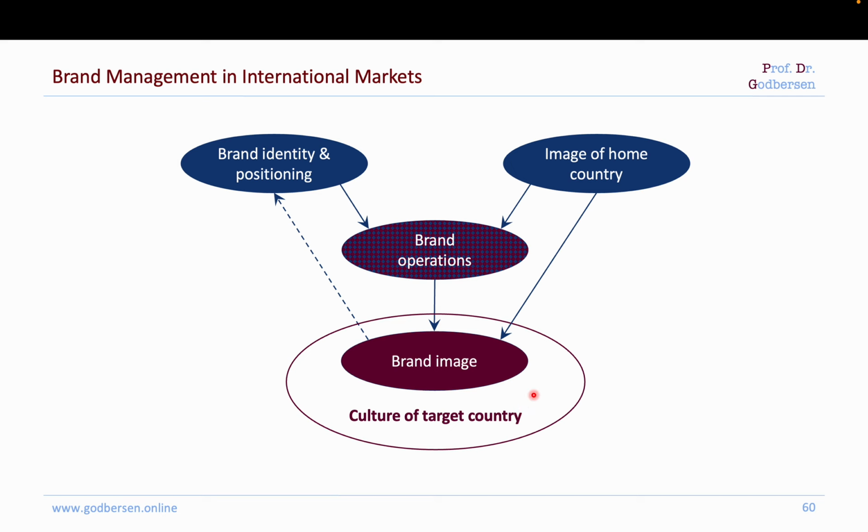There are different understandings of norms and values, of symbols, and so forth in every country around the world. So we cannot one-to-one bring our brand identity into a target country. Normally speaking, we need to adjust our brand identity to get to the aspired and favorable brand image we want to see.